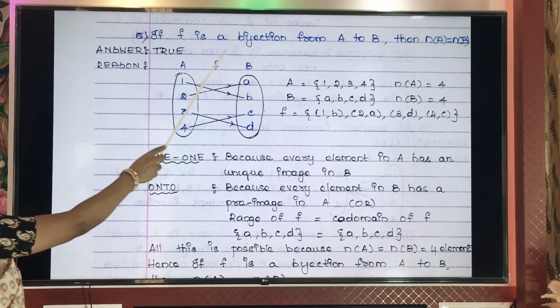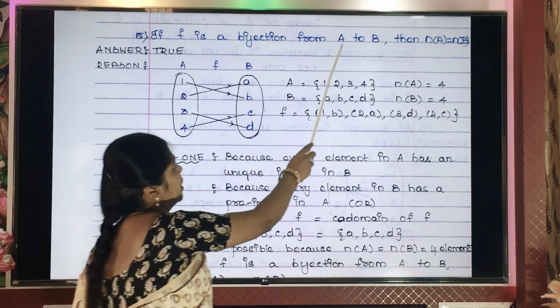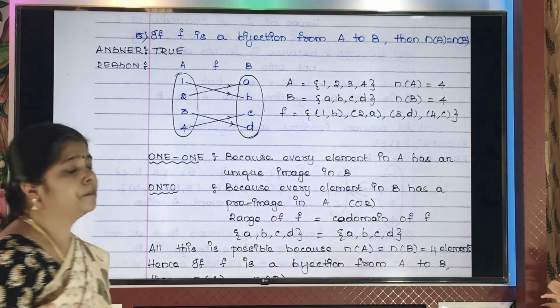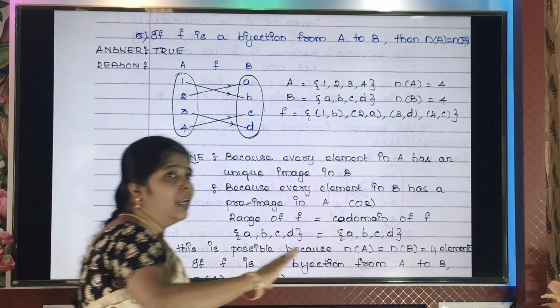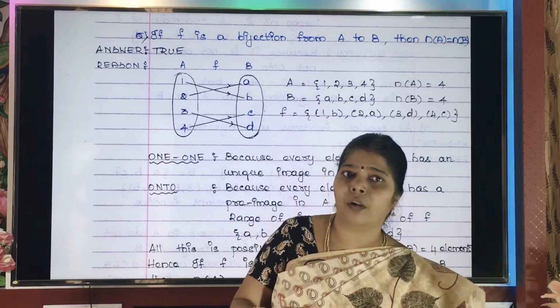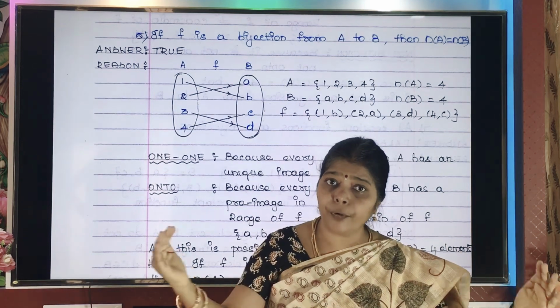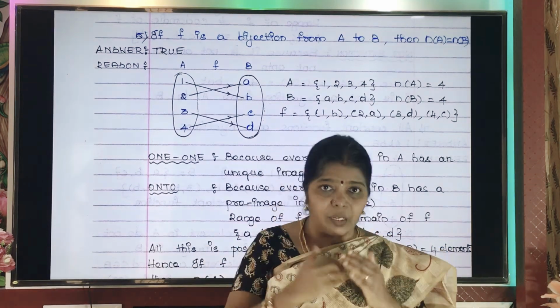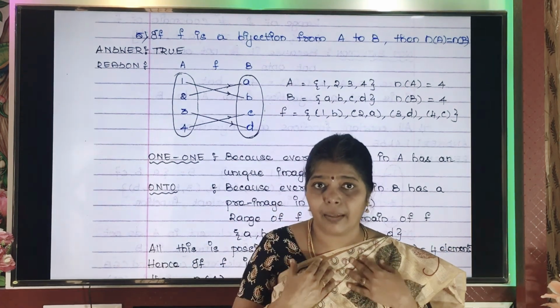If F is a bijection from A to B, then n of A should be equal to n of B. Now separately we have seen for one-to-one function and separately we have seen for onto function. Now putting them together, one-to-one, onto, because that is what is called a bijection. Am I right?